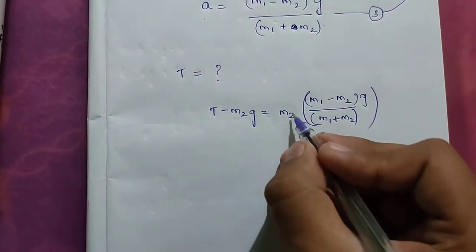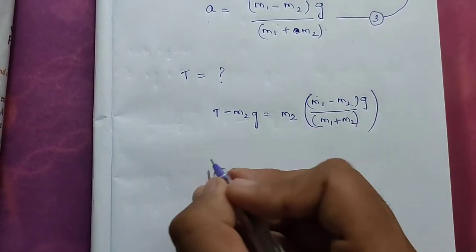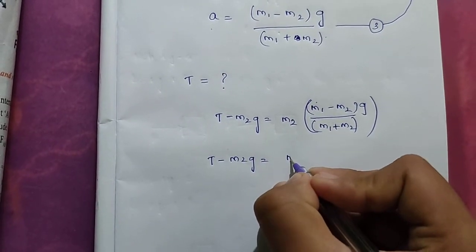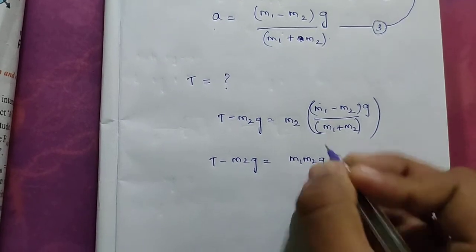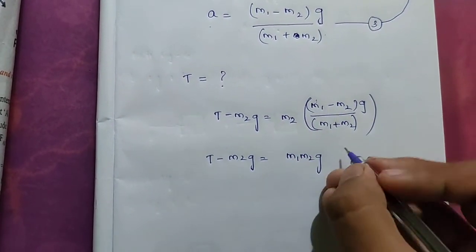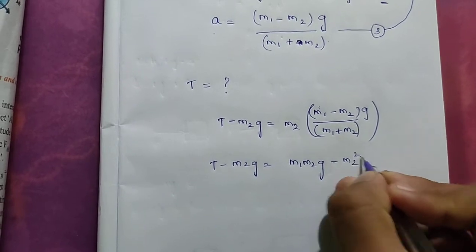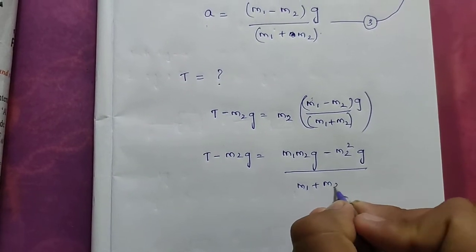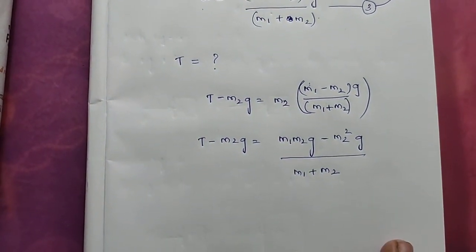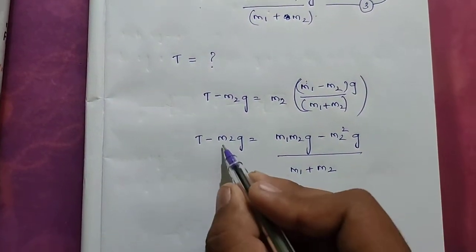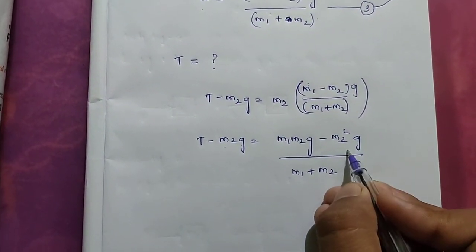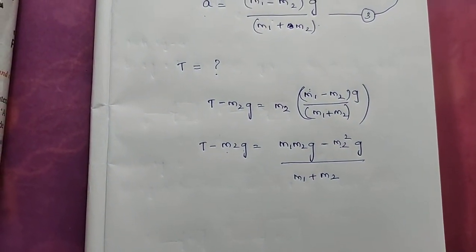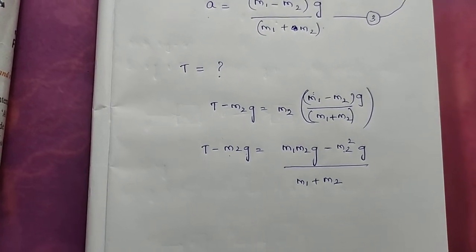So now I have to multiply these terms with this: T minus m2g is equal to m1 m2 g, I'm multiplying this with this also, similarly m2 square g, whole divided by m1 plus m2. So here you can clearly see m2g and m2 square g, so one term would get cancelled.